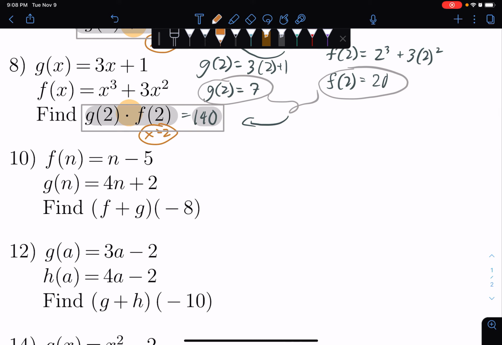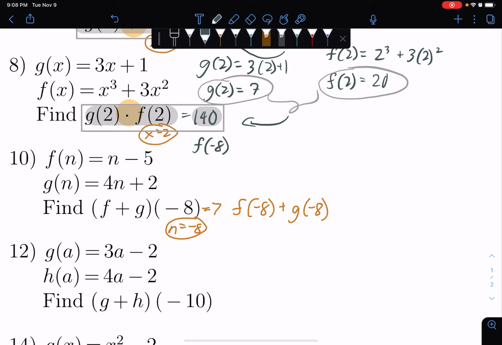So, distributive property again. What we're trying to find is f of negative 8 plus g of negative 8, whereas our n is equivalent to negative 8. So let's solve for f of n. F of negative 8 is equivalent to negative 8 minus 5.